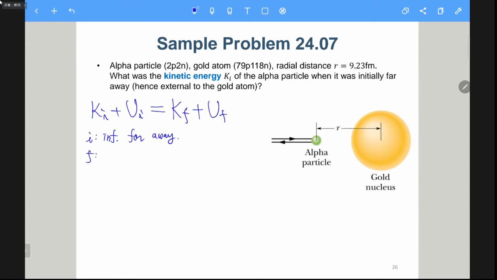So I means infinitely far away, and F is actually this point, the final point.